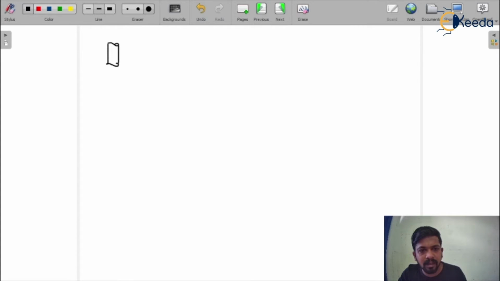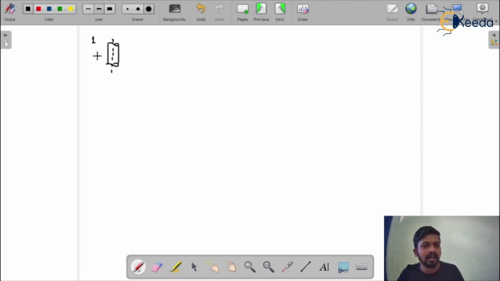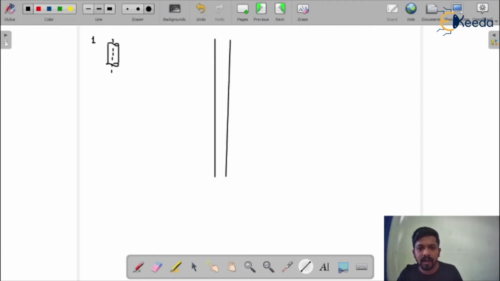Here you can see this is shaft 1, which is our main driver, and here I am drawing another shaft which is having two gears, 2 and 3.